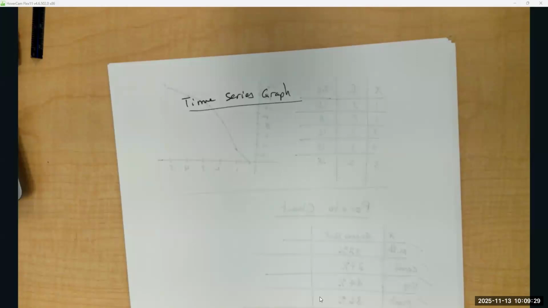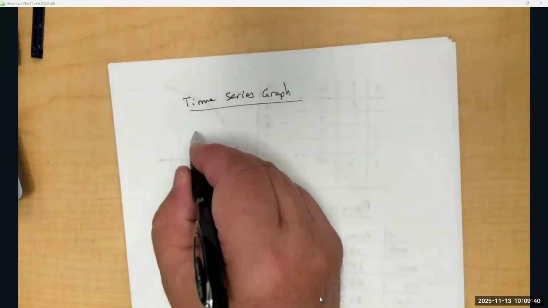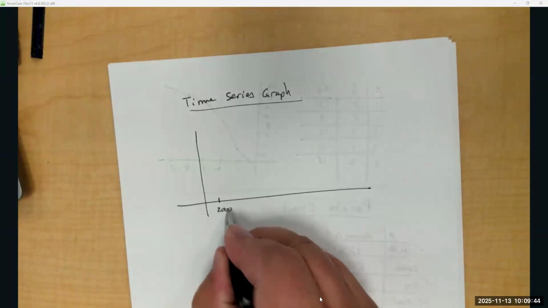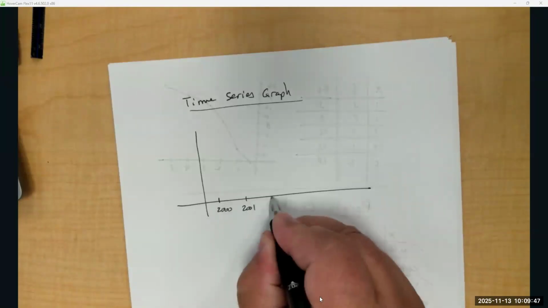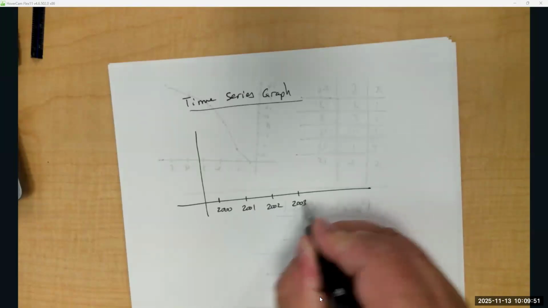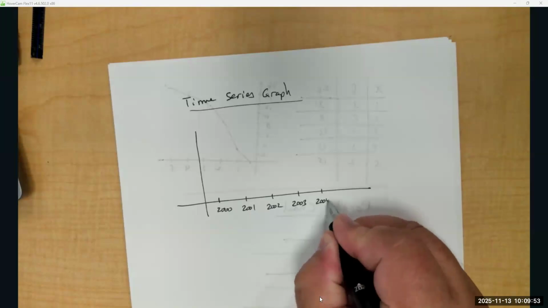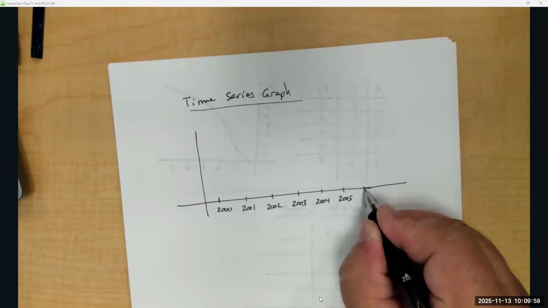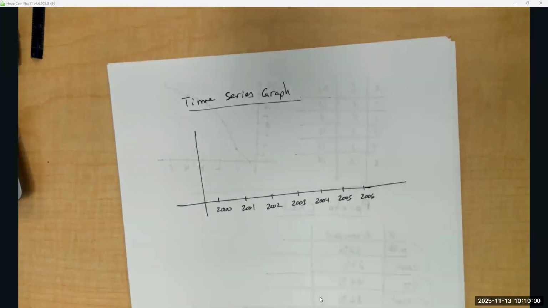No, that could just be a relative frequency chart. A time series graph is just that over a span of time. So on and so forth.